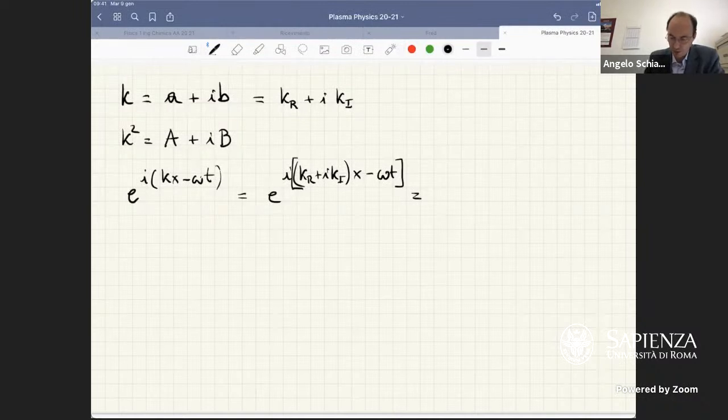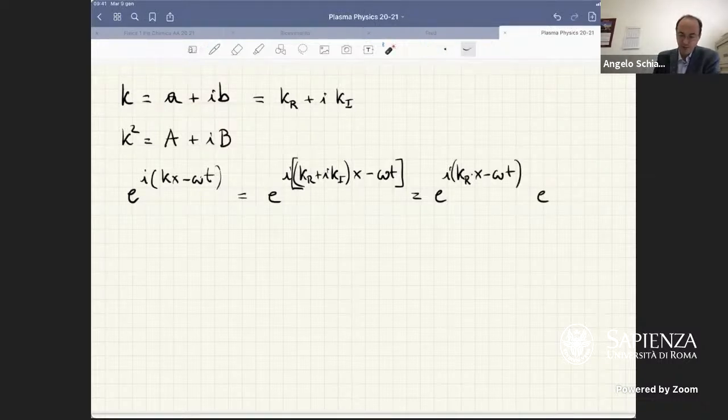So we see that we have i k real times x minus omega t, and then you see that i collects another i here, so it becomes minus k_I x.